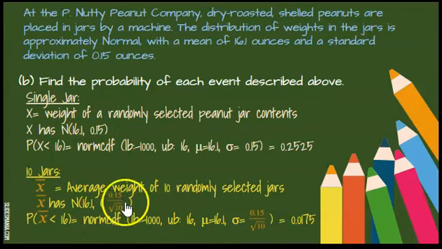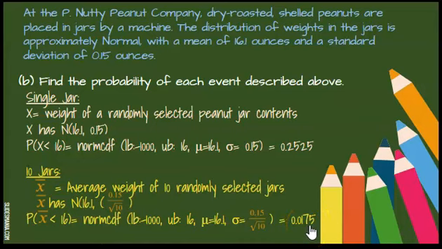It's now 0.15 divided by the square root of my sample size. That's changed my standard deviation. And I still want to know, what's the probability of getting a sample mean less than 16? So I use the correct notation here. Norm CDF still. Lower bound's the same, upper bound's the same, mu is the same, sigma has changed because I have to incorporate the sample size using the appropriate formulas. And I find out that the probability is 0.0175.